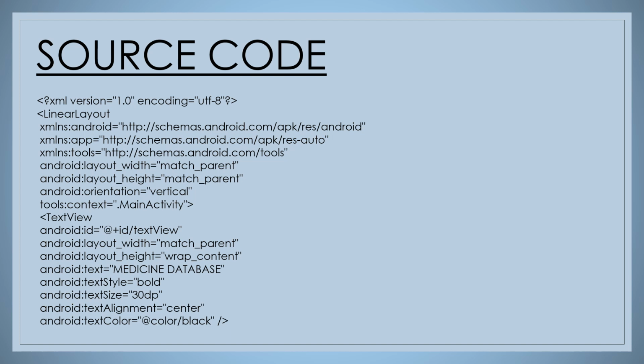Here is the source code for our application which we are going to create now. So this is XML code. Using XML code, we just use it for the designing of our application, the app which we are creating, how it is visible and how can we decorate it. We can do it through XML code, and we can see here that we can maintain any width, height, and here we are just matching the parent, and orientation is also important.